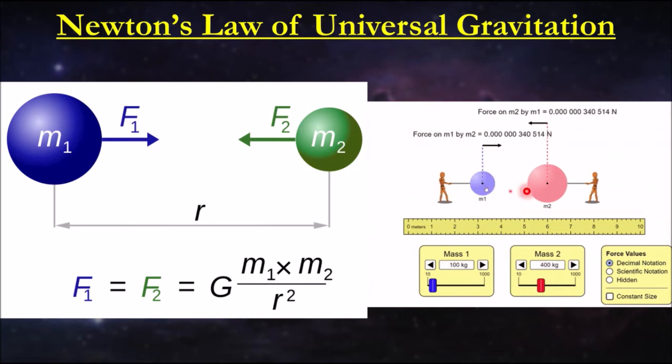You can see that in our diagram here. As they get closer, or r gets smaller, F gets larger. At the same time, they also get larger at the same rate, and they end up at the same value at the end there.